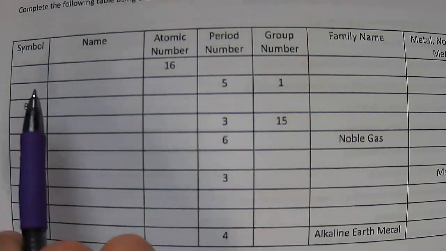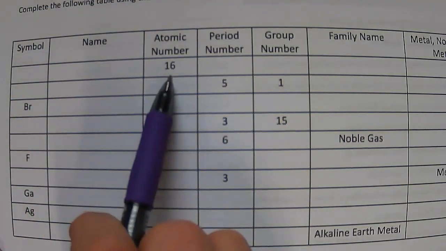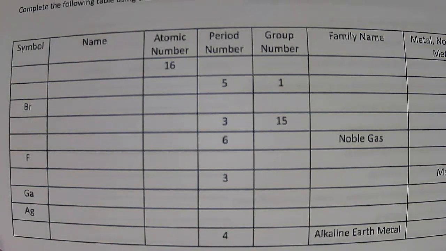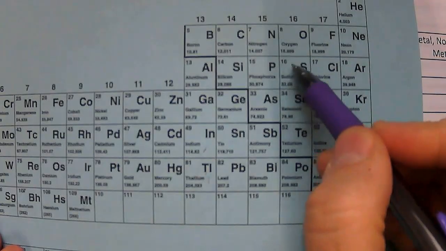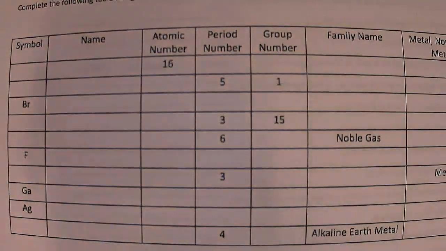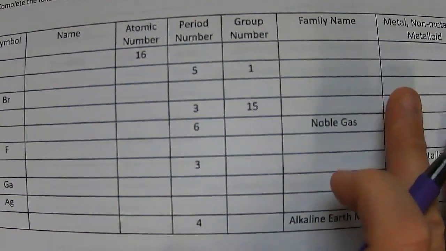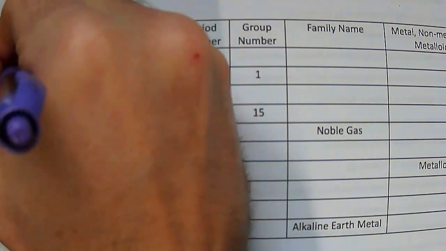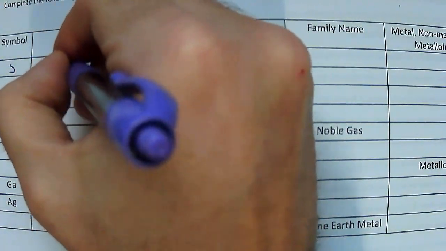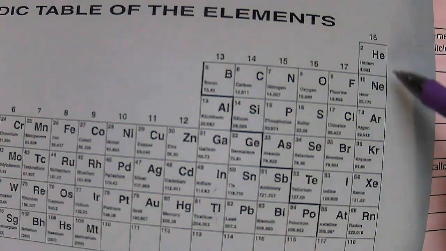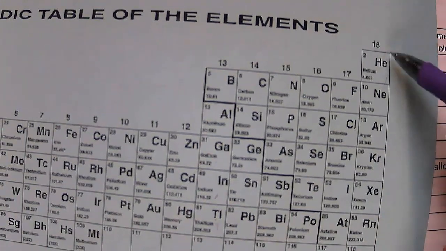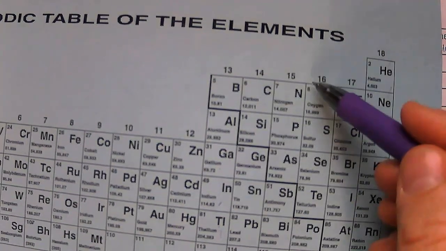Okay, so let's see here. Atomic number 16. We have to look at the periodic table, and it helps to have one. Atomic number 16 is S, and the name is sulfur. Then the period number. Remember, periods go across, they're the rows in the periodic table.